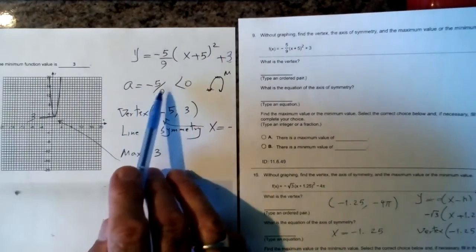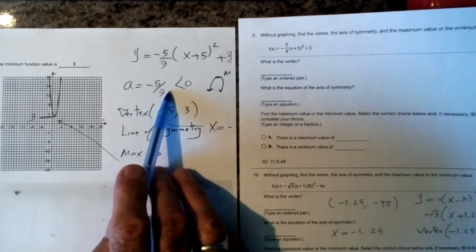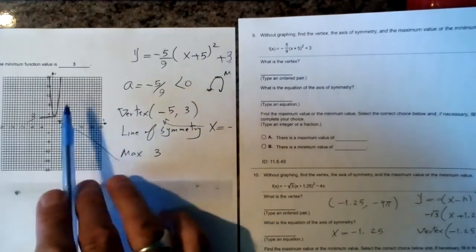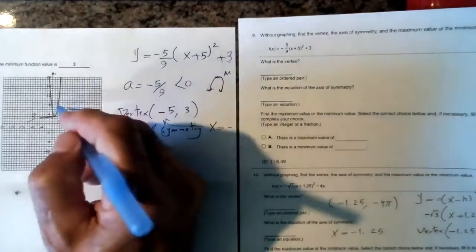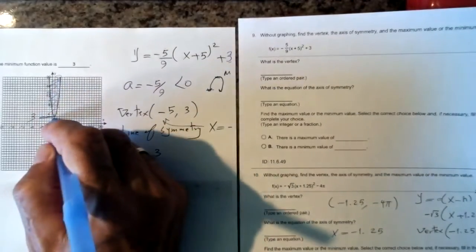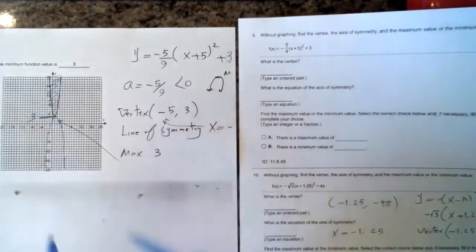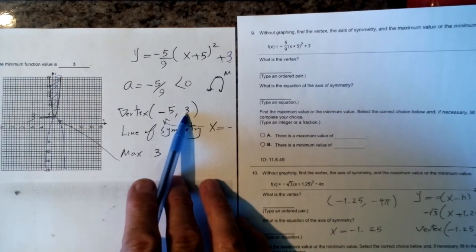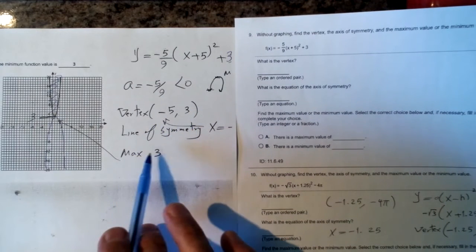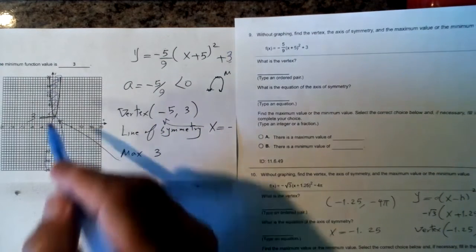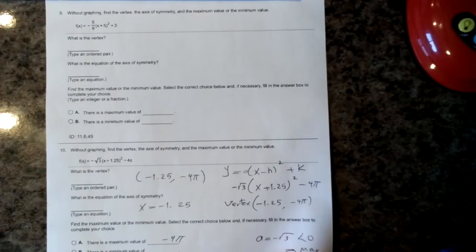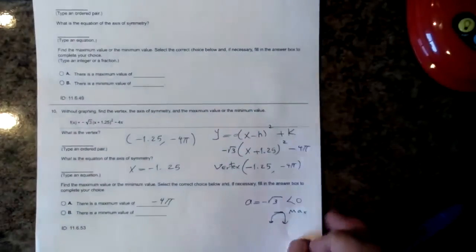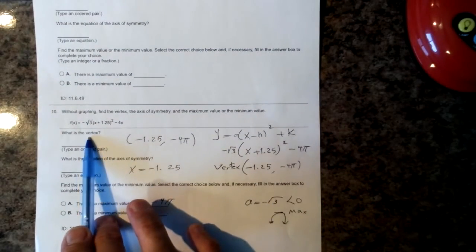a is negative, parabola up. This is not correct. Parabola opens downward. And then these are -5 and 3, the vertex, line of symmetry, and maximum because it's going down. So this was not correct. And then the last one, they are saying you don't have to graph, just look and tell what the vertex is.